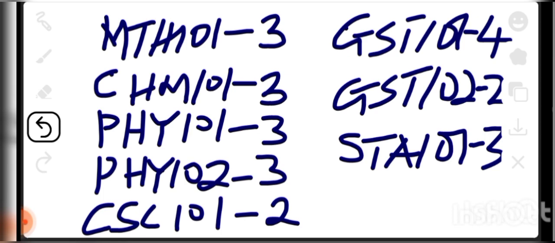So if you know the unit of Math 101, the unit of Chem 101, Phys 101, Phys 102, and so on, the next thing you will do is add all these units together.